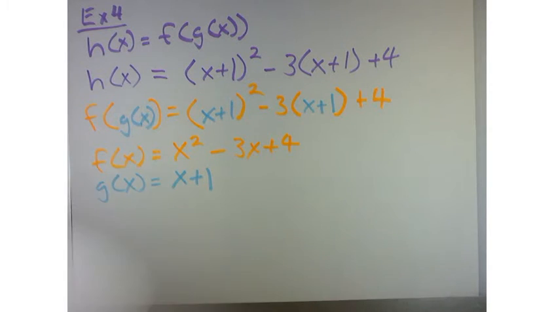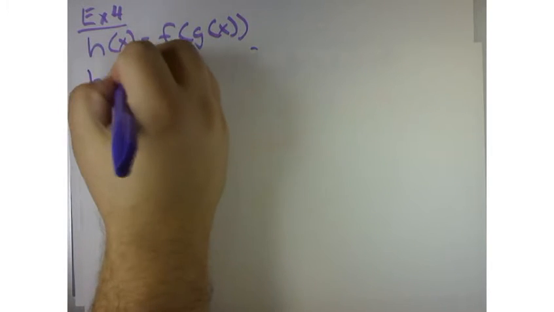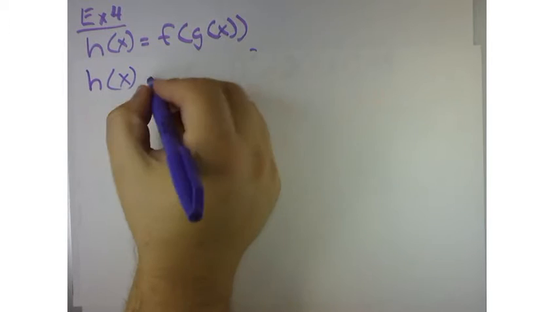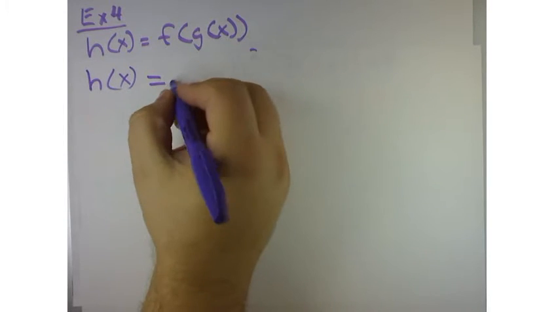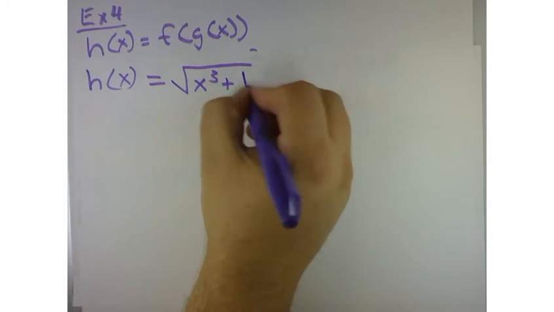All right. So again, what they want us to do is they're going to give us an h of x. So your textbook gives us another h of x. It says h of x is equal to the square root of x cubed plus 1.